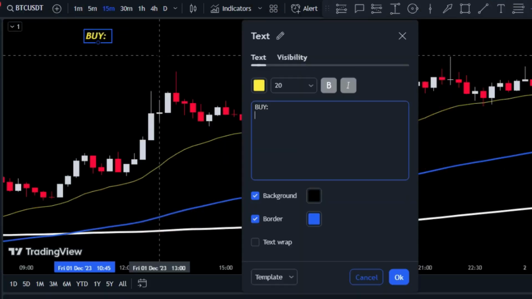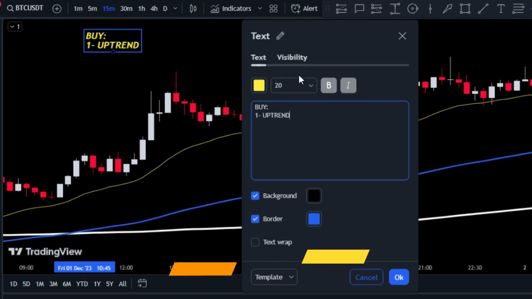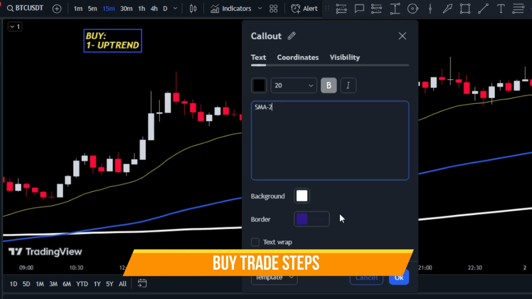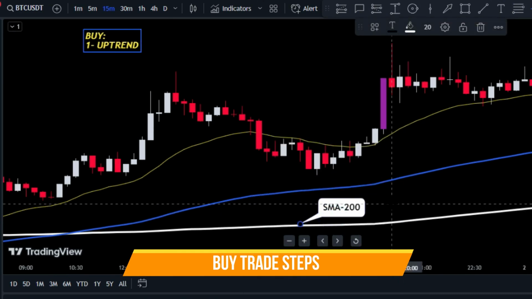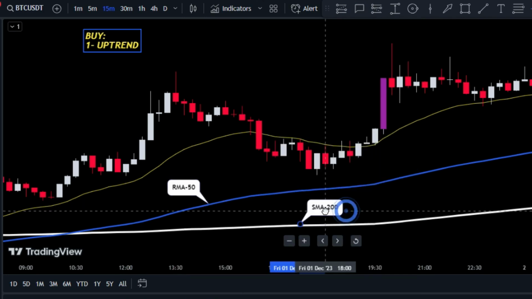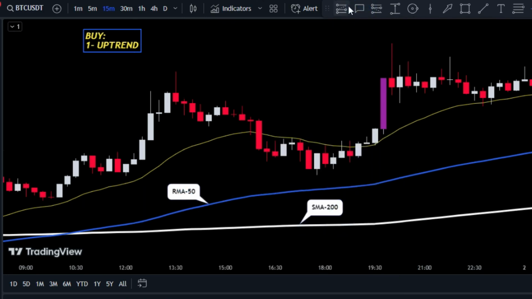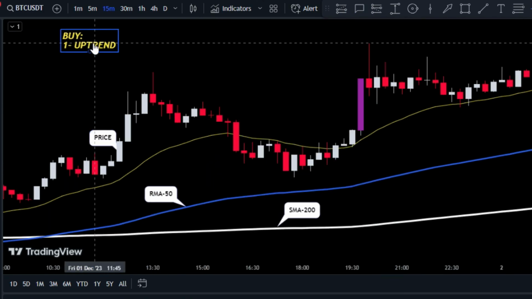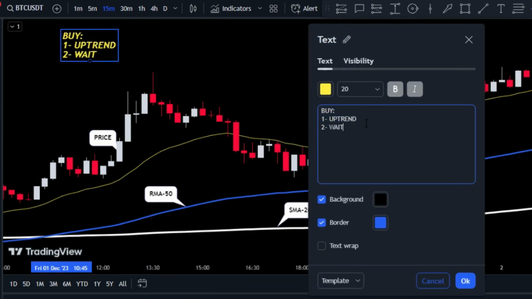The first step is to confirm that the trend is on the rise. After that, keep an eye out for the price to react to the EMA 200 moving average.